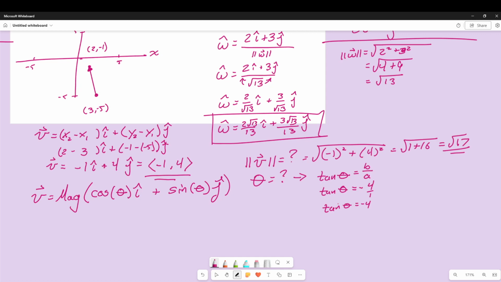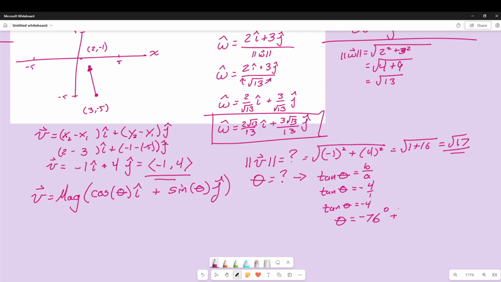So might as well do this in degrees. We're not told one way or the other, so we could technically do it in degrees or radians, but let's do it in degrees. So the tan inverse of negative 4 is going to give us negative 76 degrees.